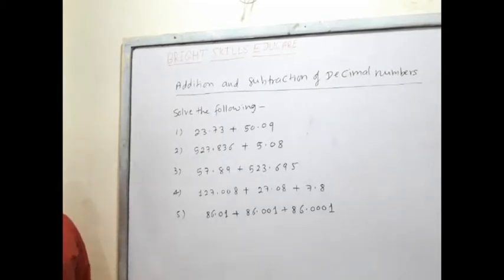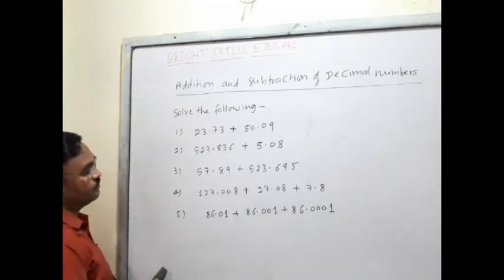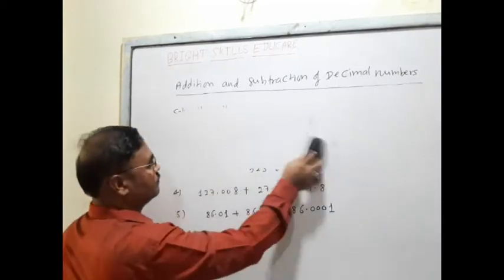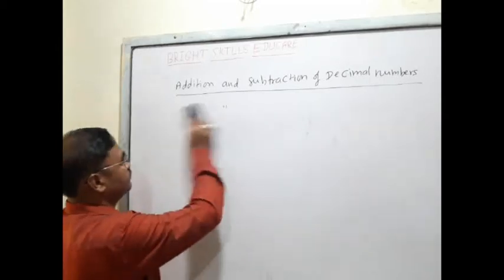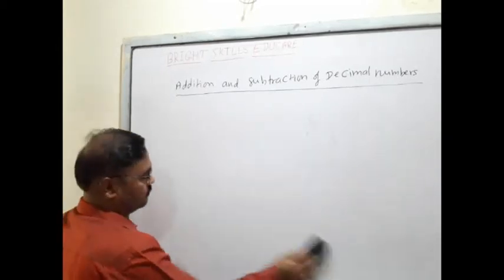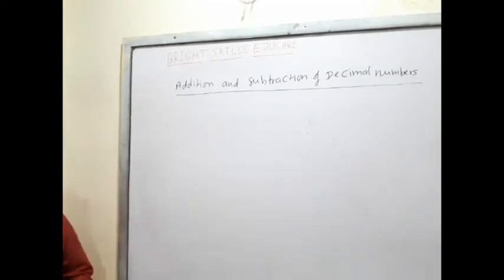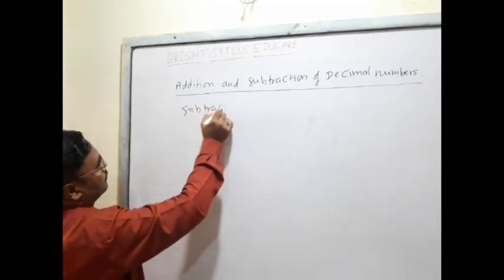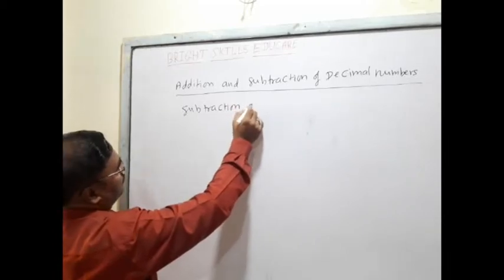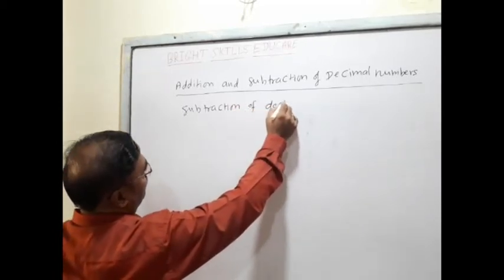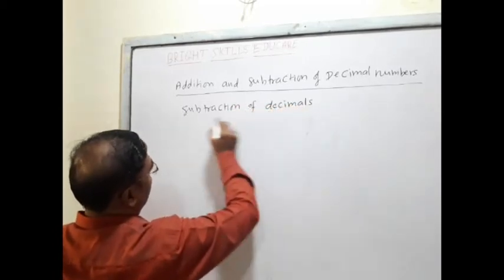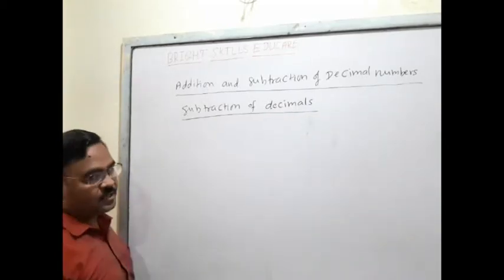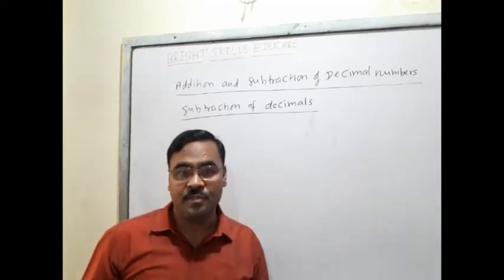Now we'll do the subtraction of decimal numbers. Note down all these 5 sums. It is same as the addition, only instead of adding you have to subtract them.